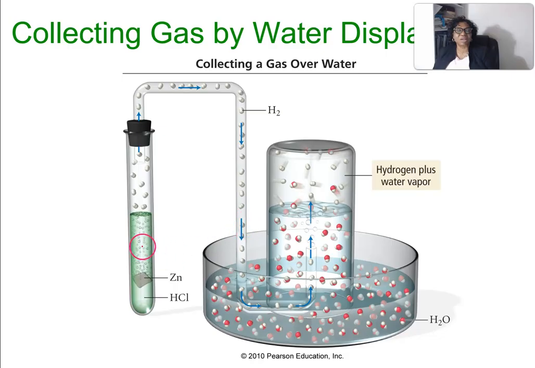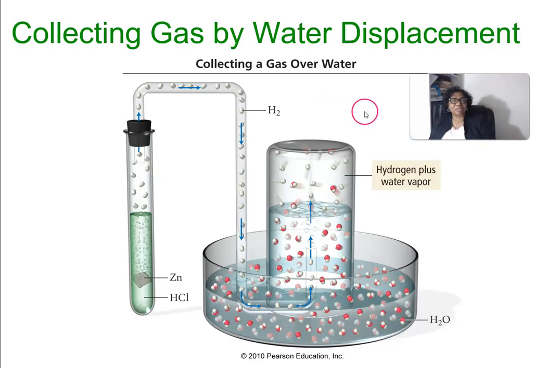So you have this reaction, and you see it's zinc plus HCl. What gas is going to be produced there? That's your homework. But anyway, it's already here. So if you can see, this is the gas that is being produced. It's hydrogen.